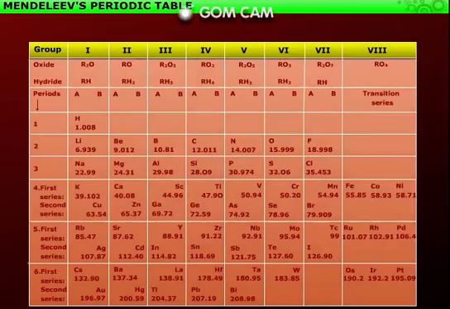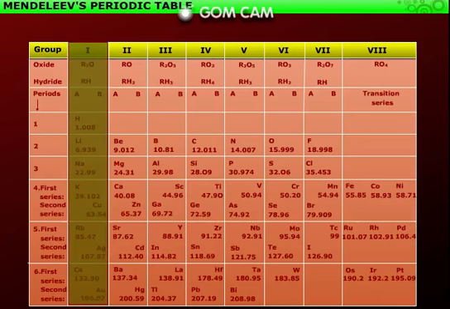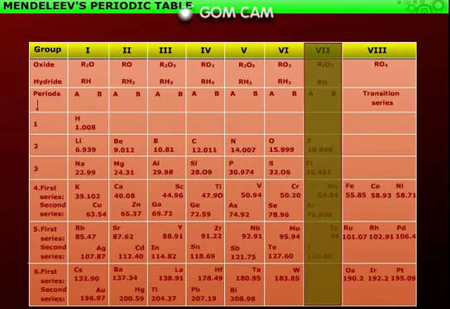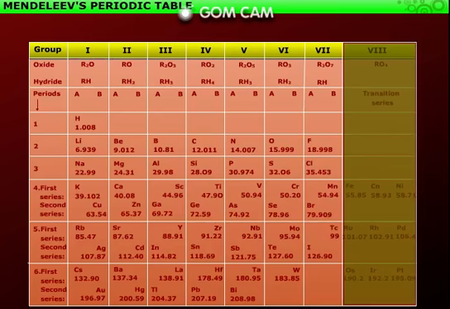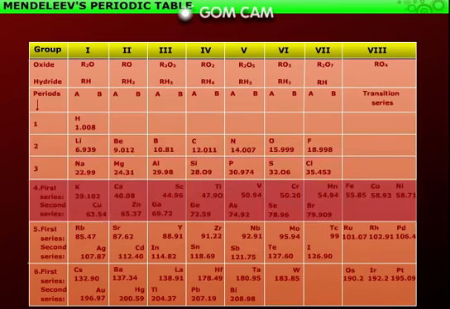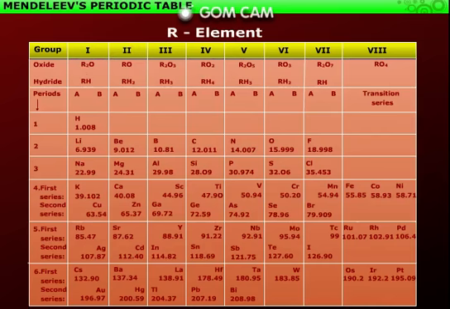Mendeleev's periodic table contains vertical columns, called groups, and horizontal rows, called periods. R, in the periodic table, stands for elements. The formulae given at the top of each group are those of oxides and hydrides, formed by the elements of that group.